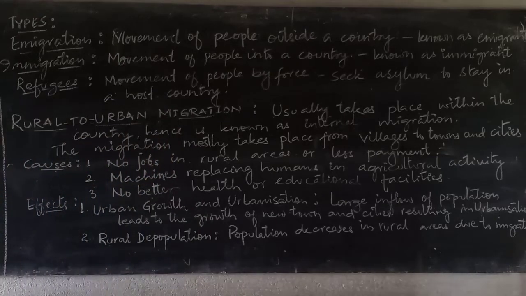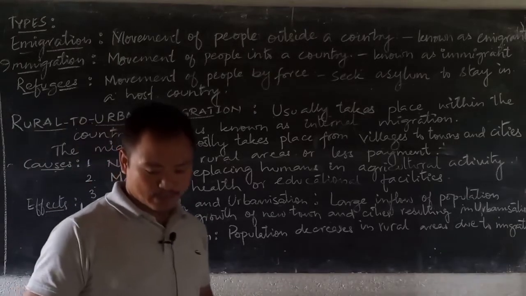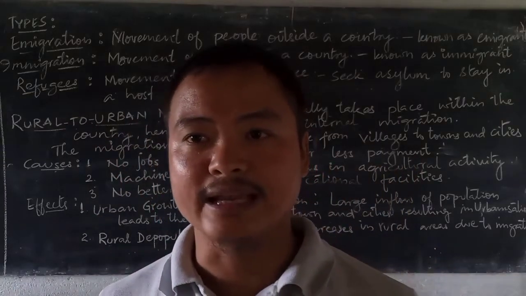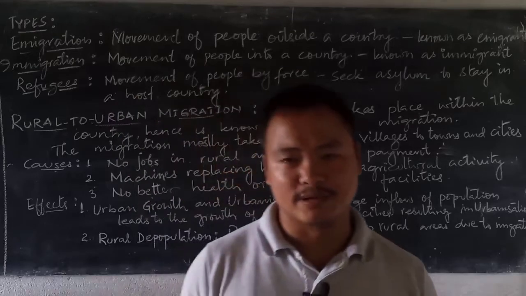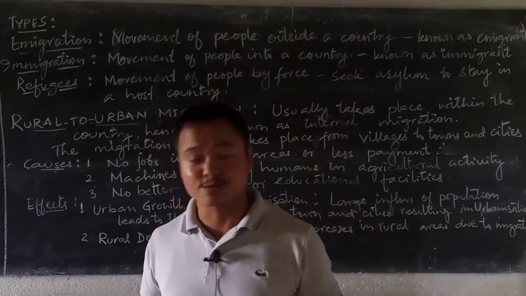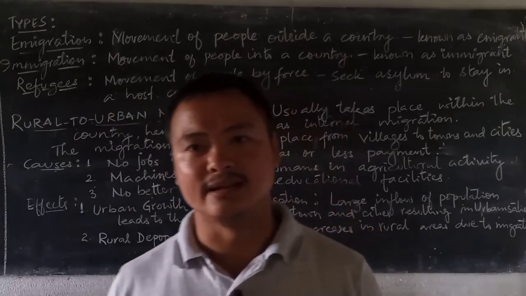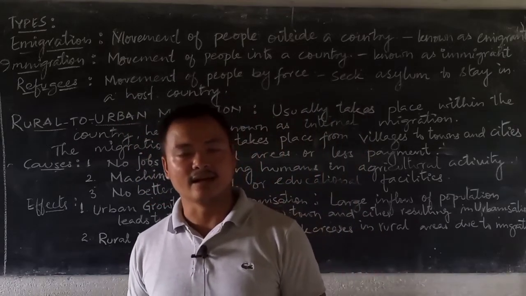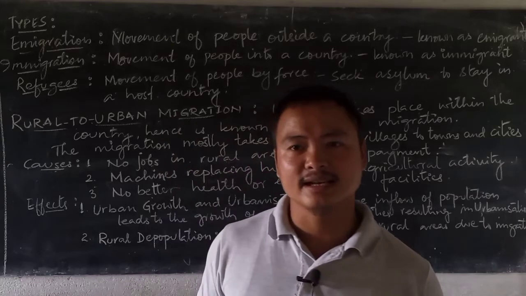Now, in terms of migration from place to place, on the basis of place, there are two different types of places. One can be considered as rural, the other as urban. Rural areas are mostly villages and urban areas are the towns and cities.